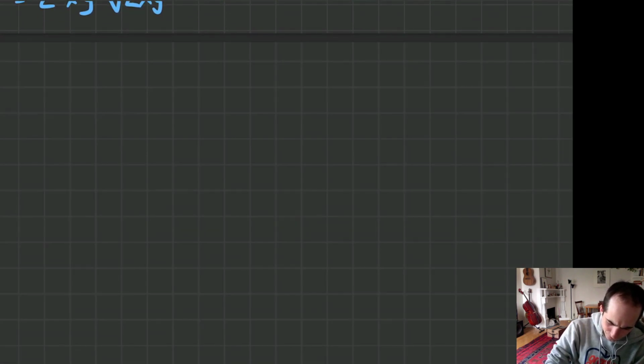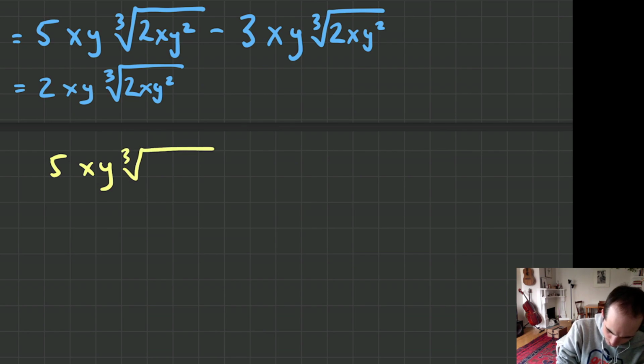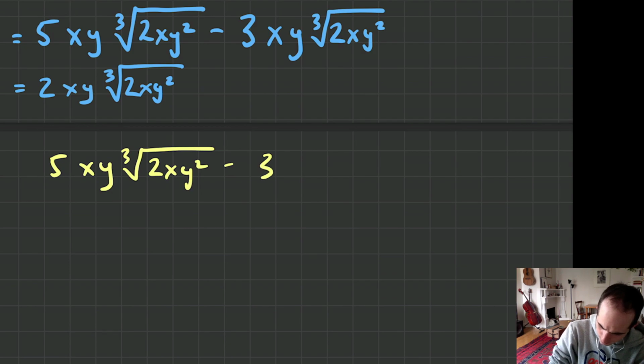So in the chat, somebody just asked, do the x and y's cancel? So let's consider this. I've got 5xy cubed minus, 2xy squared minus 3xy cubed times 2xy squared.